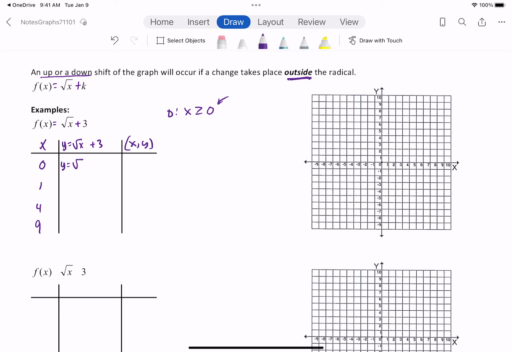So the biggest thing is just be careful about whether everything is under that radical or not. For this, we're just taking the square root of 0, which is 0, and then adding 3. So this ordered pair is 0, 3. If I put in 1, we get 1 plus 3 is 4.